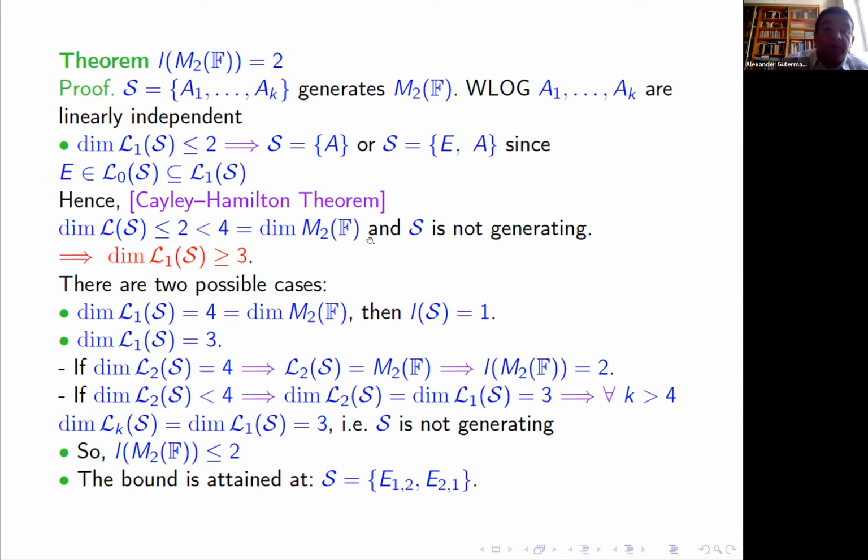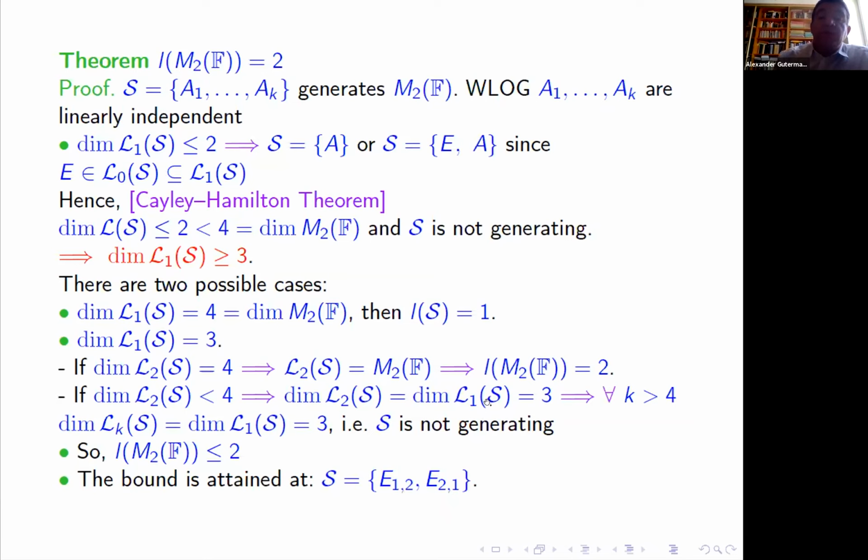But even understanding this dimension, we still have a number of possibilities. So we have possibilities equal to 3 or 4. In case it is 4, then we already have the whole matrix space, and the length of this generating set is 1. But if it is 3, 2 other possibilities appear.